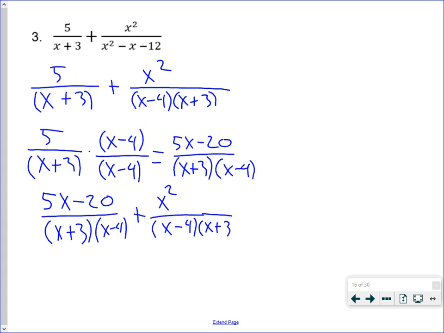All right. And now we're going to add the numerators. And when we do, we get x squared plus 5x minus 20 all over the denominator of x minus 4, x plus 3.